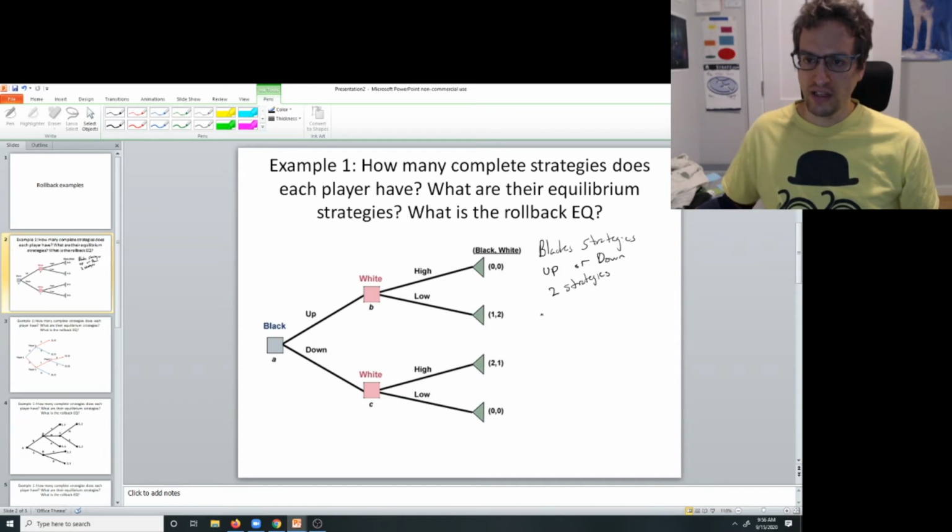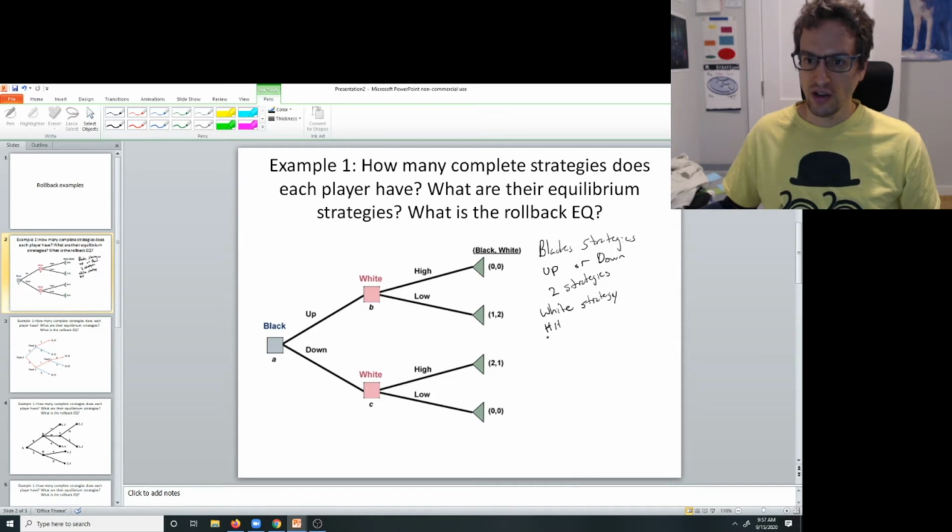What about for white? White has 2 nodes. A complete strategy is what you would do in every possible situation. So white's strategy could be, I'm going to go high if I'm at B, and I'm going to go high if I'm at C. So it could be HH.